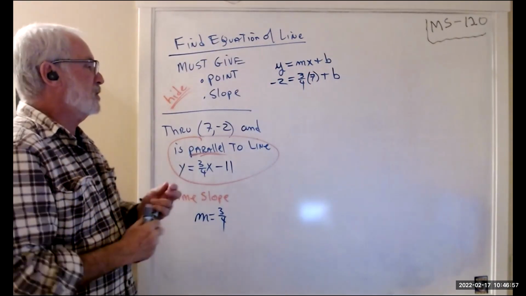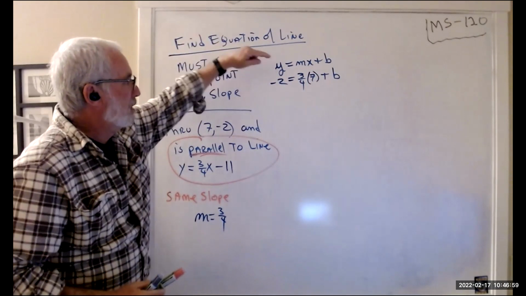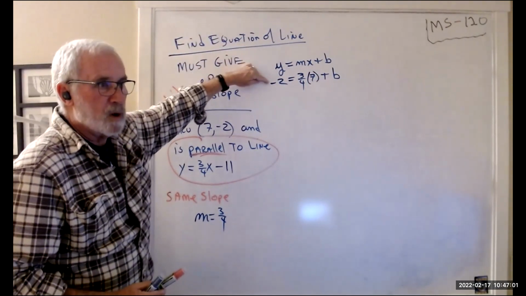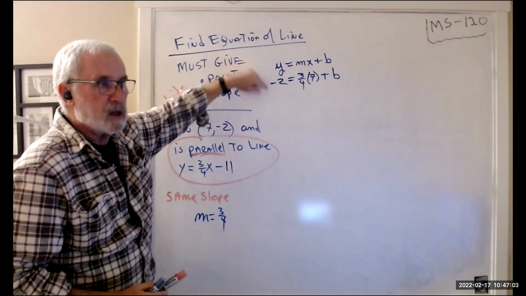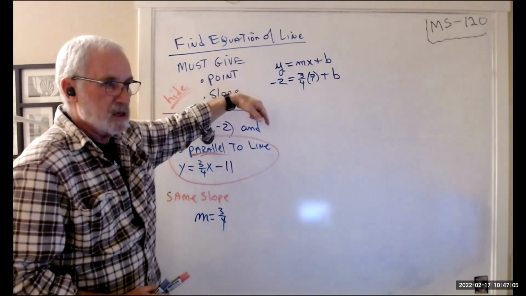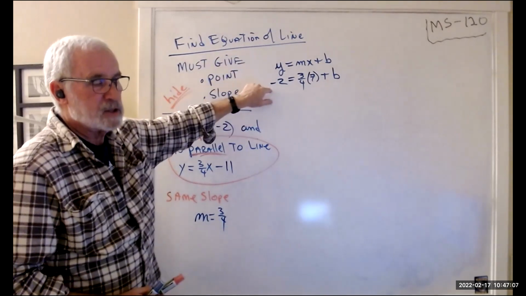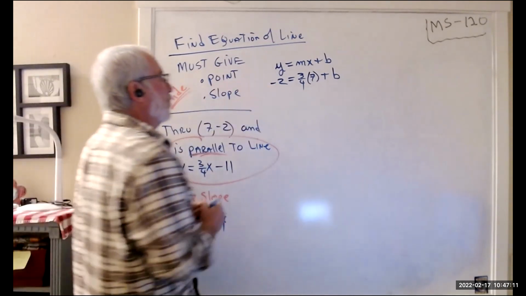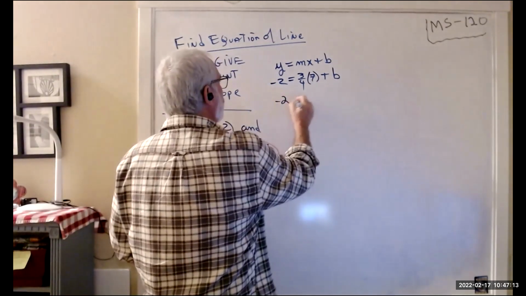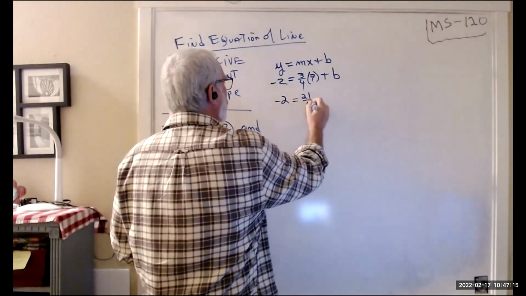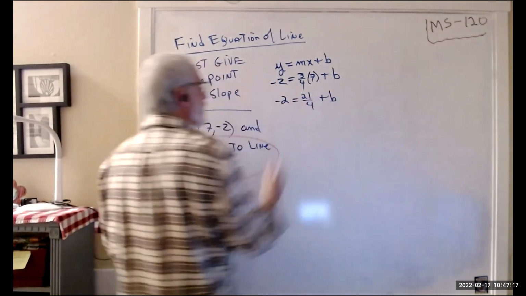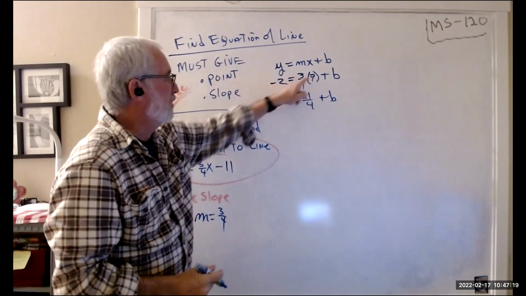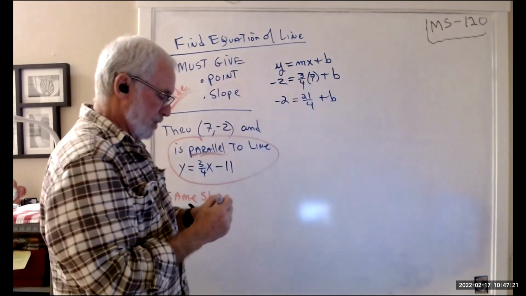So I said, start with the formula, plug in the slope and the point, everything we know, and solve for b. That's going to be the messy part. And this is where I told you to use your calculator. So real quick, this is going to be -2 equals 21 over 4 plus b, because you can go 3 times 7 over 4.